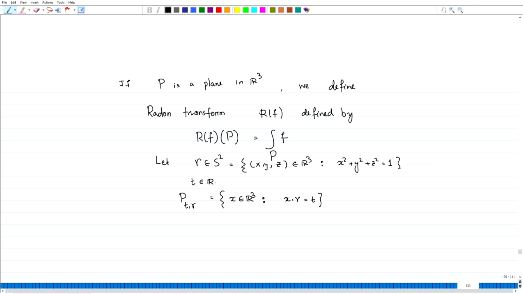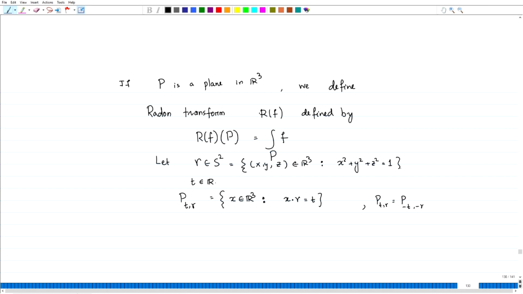So the unit vector is orthogonal to it and at distance t from the origin. Easily one can see that P of t gamma equals P of minus t, minus gamma, by definition.